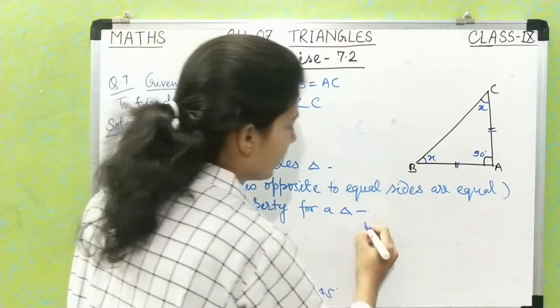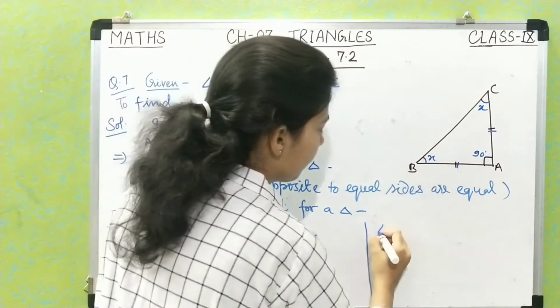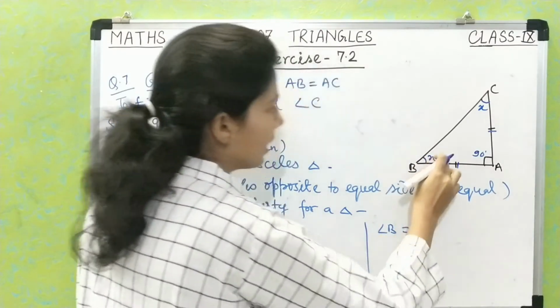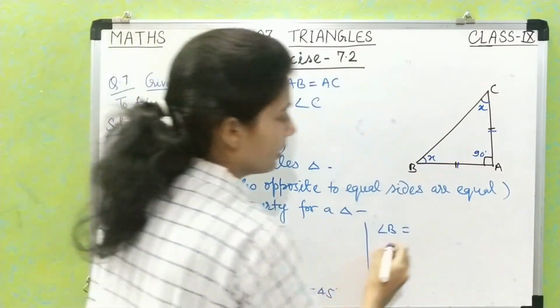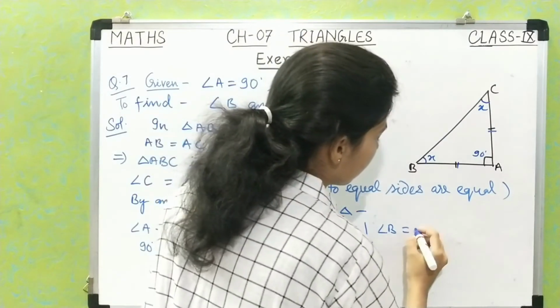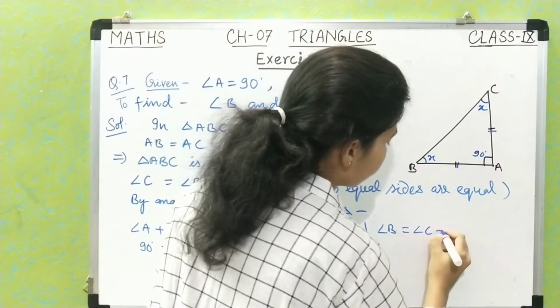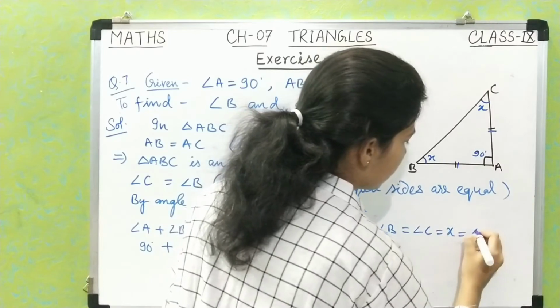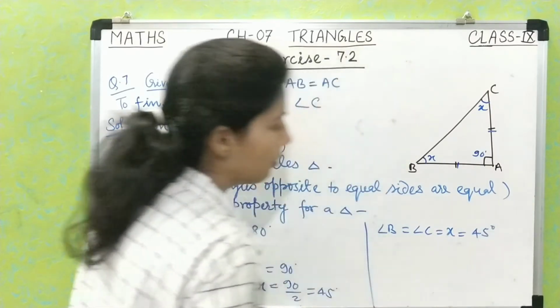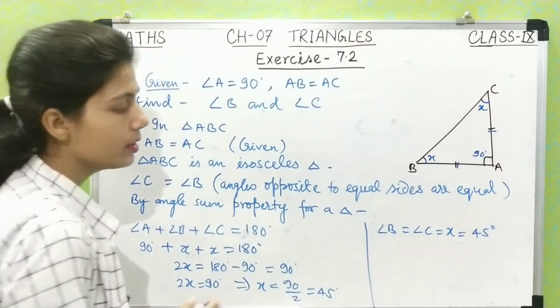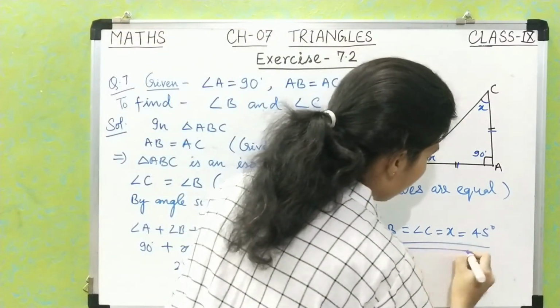So angle B, which we have taken as X, is also equal to C, and that is coming out as 45 degrees. So this is our answer.